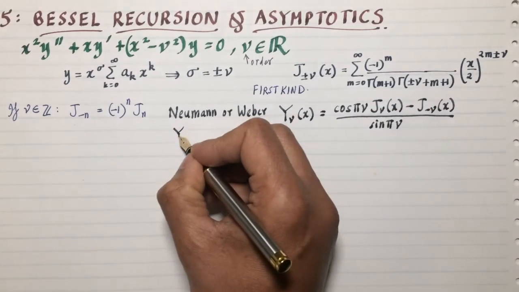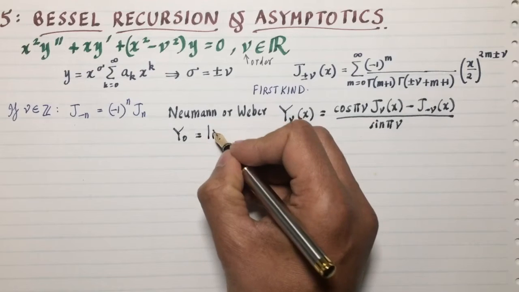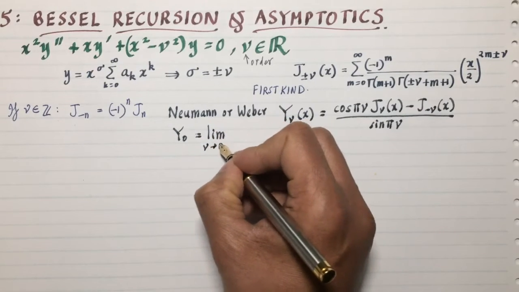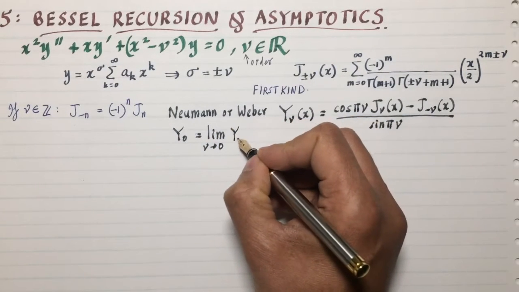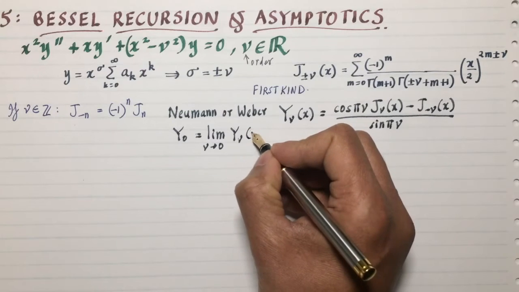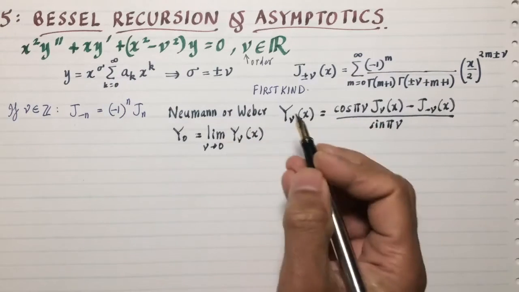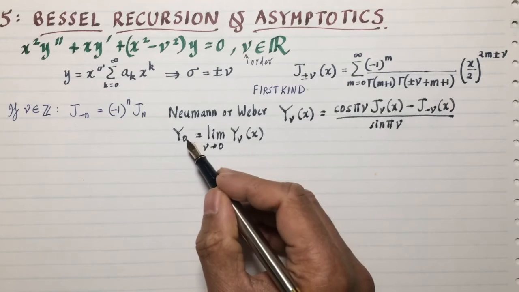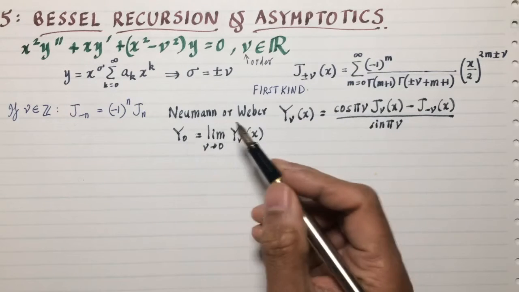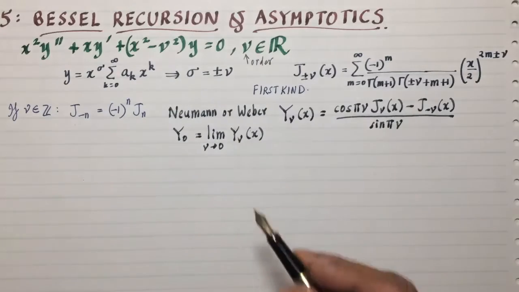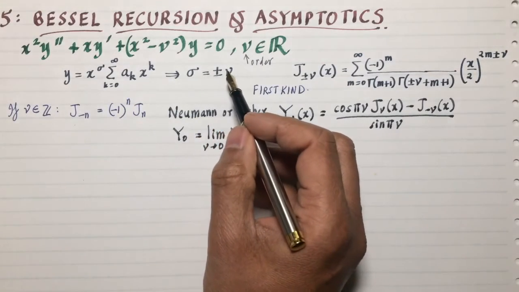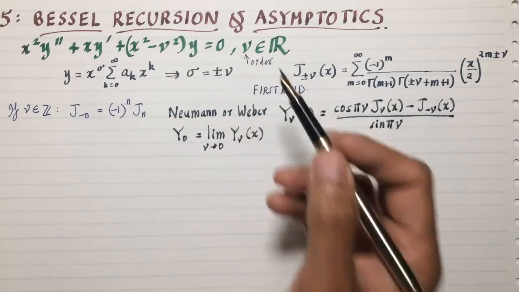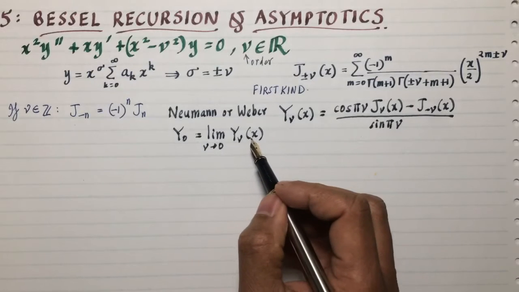Also, if you want to find Y naught, for example, you have to take the limit as nu goes to 0 of Y nu of x, because for the case of Y naught, that's an even more special case. J minus n simply doesn't exist for that particular situation, because J naught is just J naught. There's only one double root.